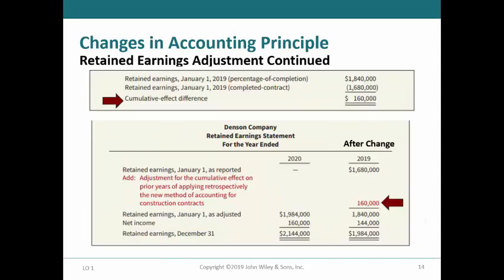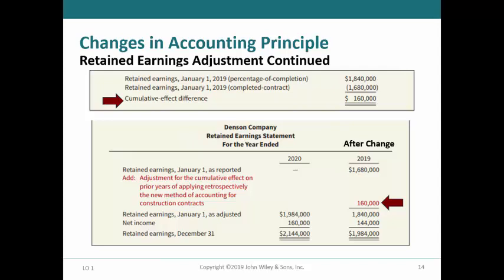This slide shows the $160,000 which would be added to the beginning retained earnings for 2019 in the comparative financial statements. This is the cumulative effect of the change for all periods prior to 2019 net of tax.